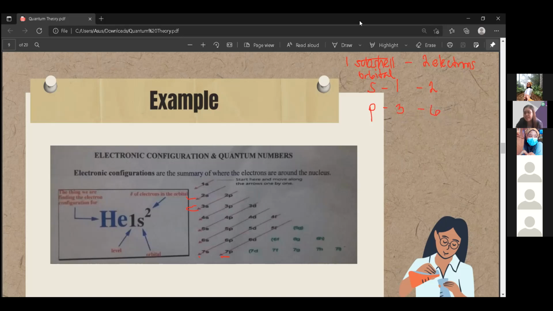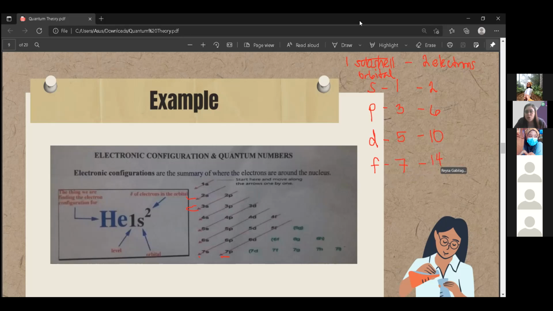Okay, I hope that is clear. Now for the third one, the D subshell class has 5 orbitals, which means tig-dalawang electron each orbital, 5 times 2, a total of 10. And then lastly, we have F. For F, meron siyang 7 orbitals, which means kaya niyang mag-accommodate ng a total of 14 electrons.